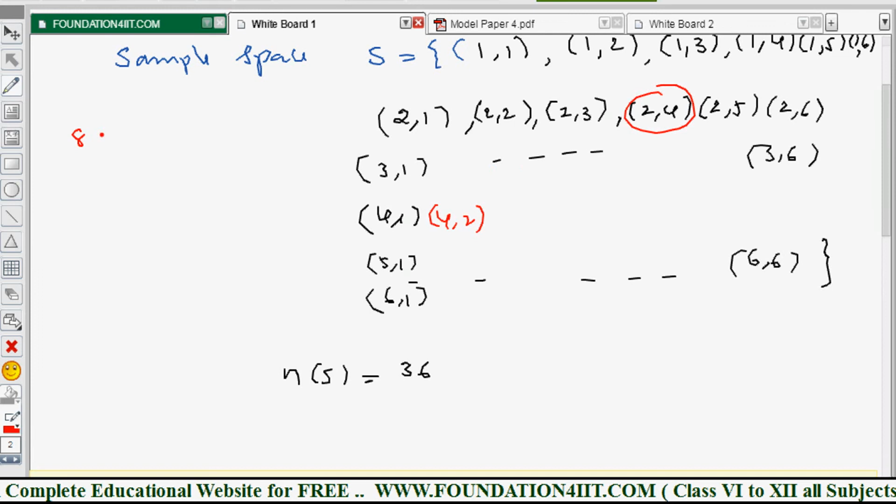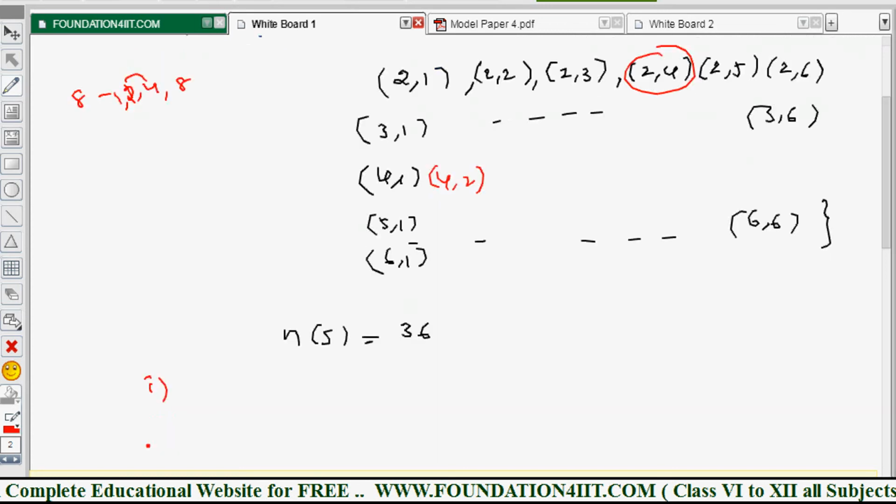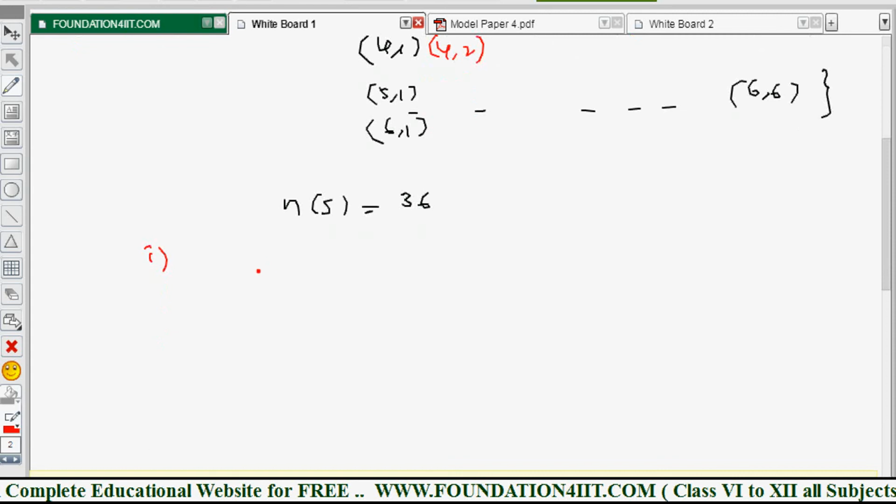You can check also. The factors of 8 are only 1, 2, 4, 8. So only 2 into 4 is 8. 1 into 8 is 8, but there is no 8 on a die. If you observe the sample space also, only 2 comma 4 and 4 comma 2. Therefore the first one, the product of the two numbers appearing is 8, is event 1.